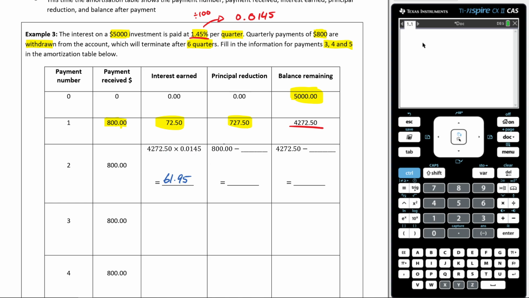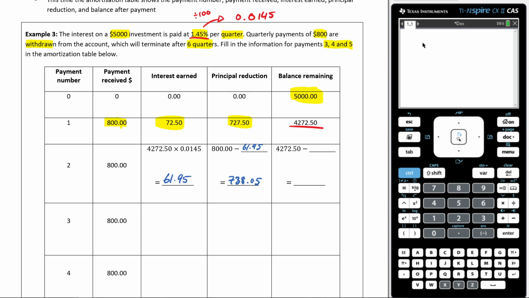This time it's the principal reduction. The principal reduction will simply be the $800 that I'm receiving as payment, and then subtract away the amount of interest that I'm earning. So 61.95 will be there, which means it's going to be 738.05. So that's my principal reduction.